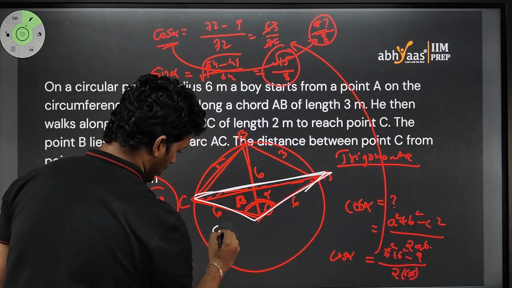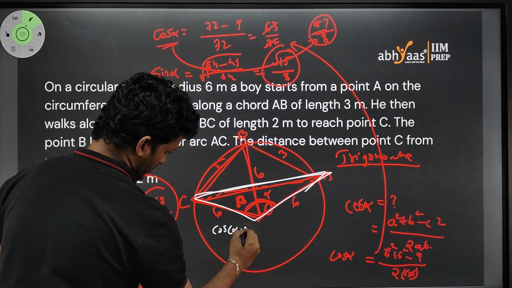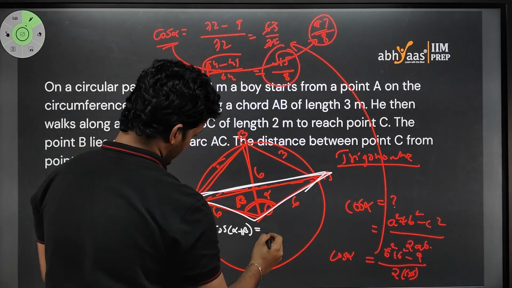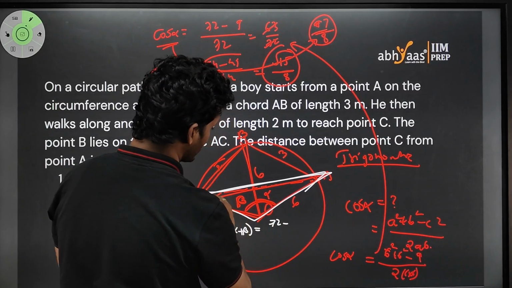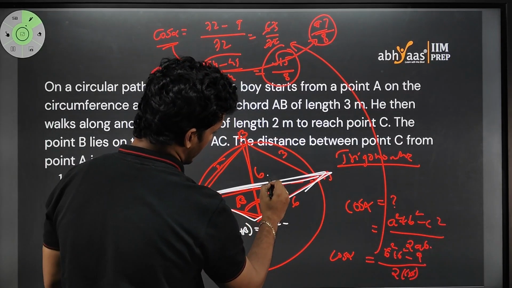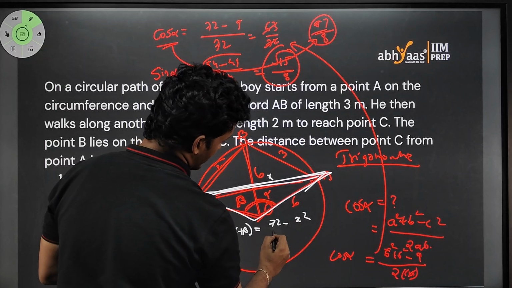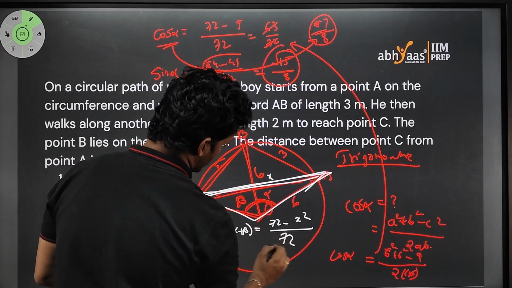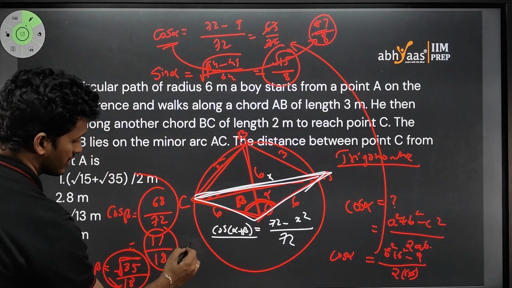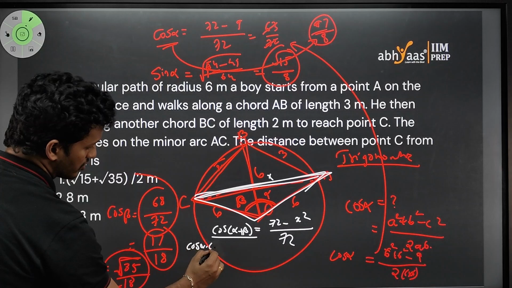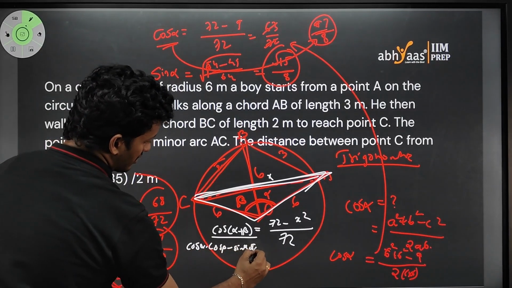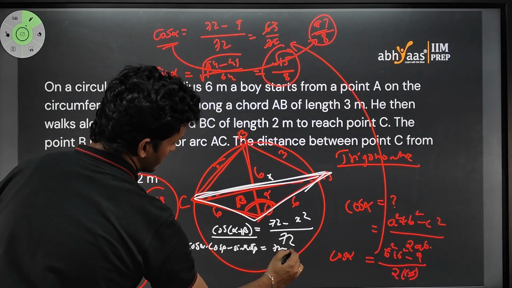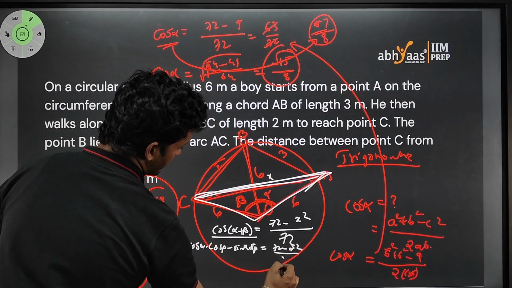Cos alpha plus beta is nothing but 6 square plus 6 square, that is 72, minus, let us call this x square, divided by 2 into 6 into 6, 72. So cos alpha plus beta, which is cos alpha cos beta minus sin alpha sin beta, is equal to 72 minus x square by 72.